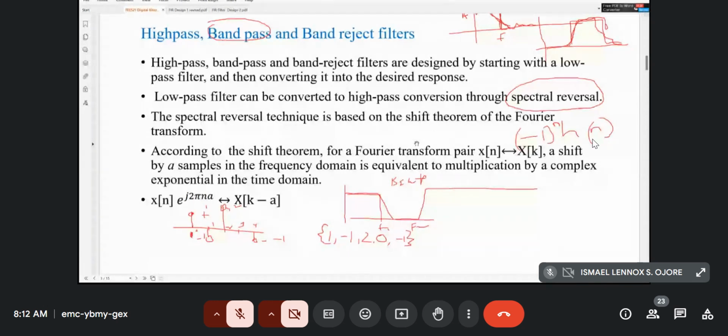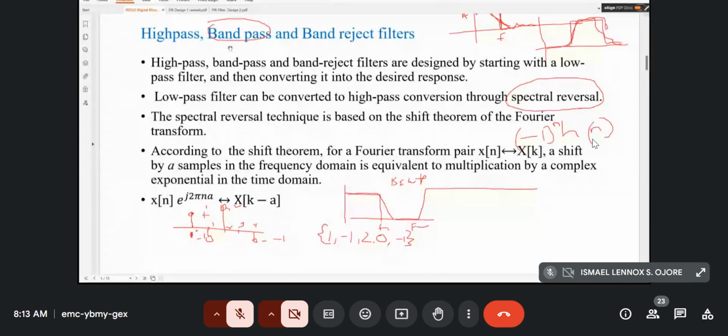It just involves, I think the best way to put it is, multiplying by -1 every other sample of the response, which will be the coefficients. Whenever you talk of a response, we call them samples, but for FIR they also correspond to the coefficients.